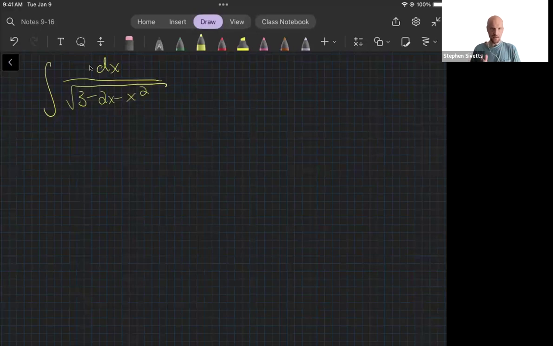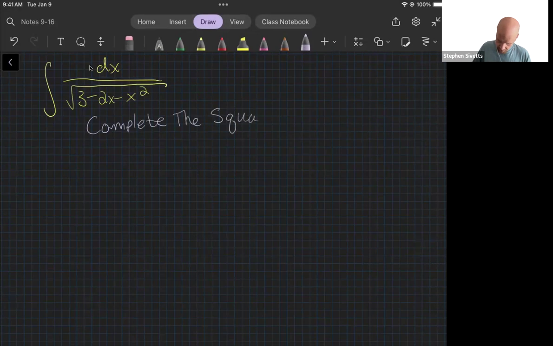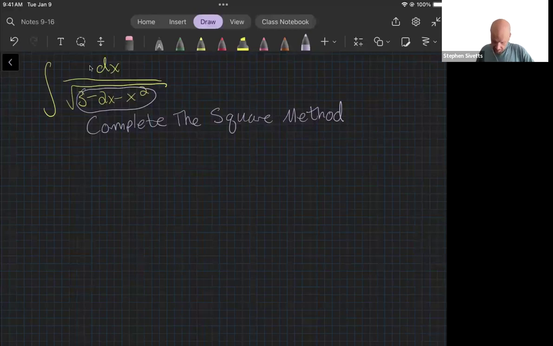Okay, so I gave you some time to look over this example. The tricky part here is we want to involve the complete the square method. It involves looking at the quantity inside of our square root.